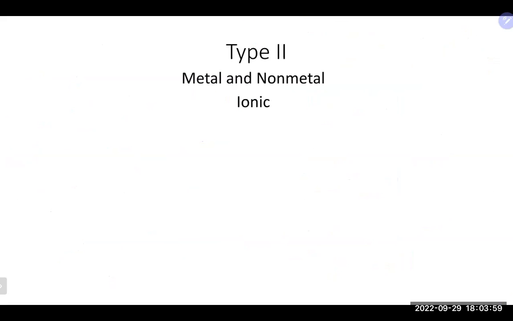All right. Then let's talk about type 2 compounds. Type 2 compounds are also ionic, also a metal and a non-metal. And once again, it is the metal that is the most important, and our metal is going to be a transition metal, or just to the right under the staircase.